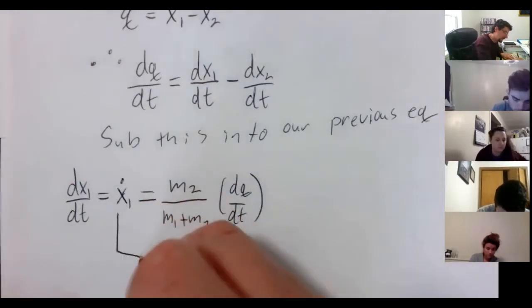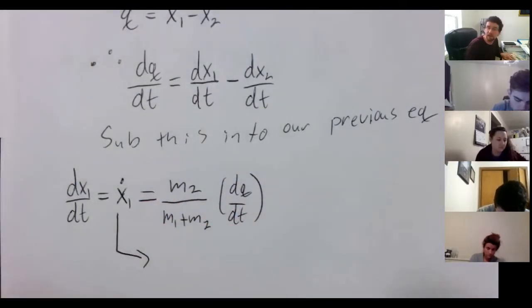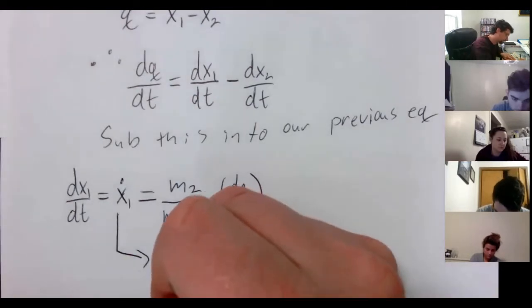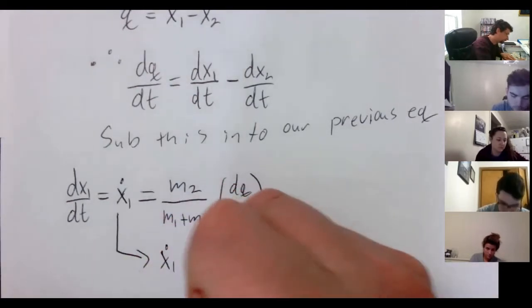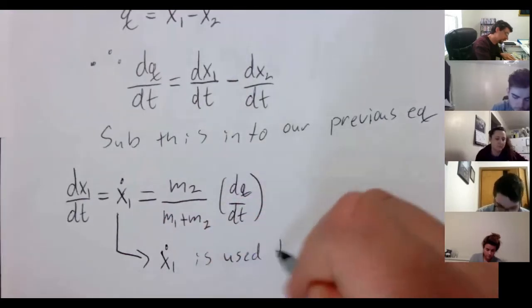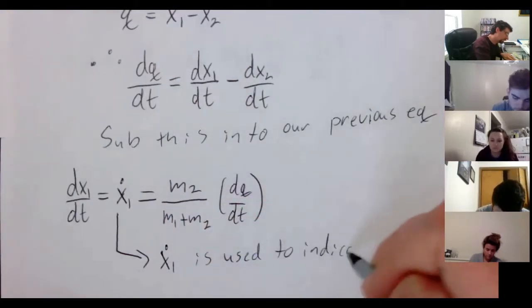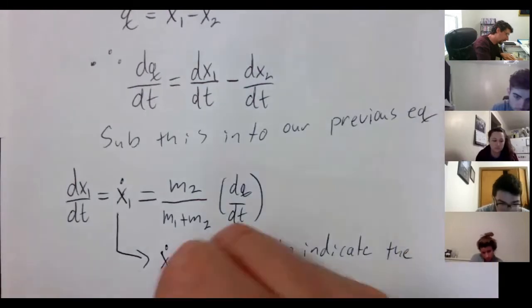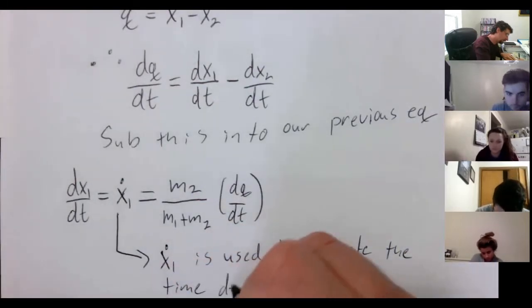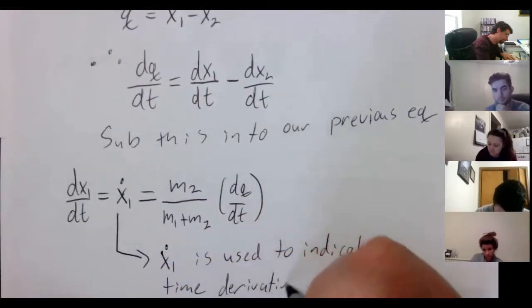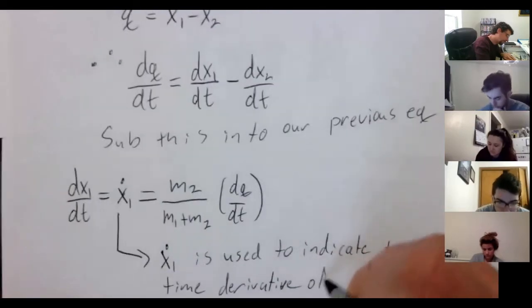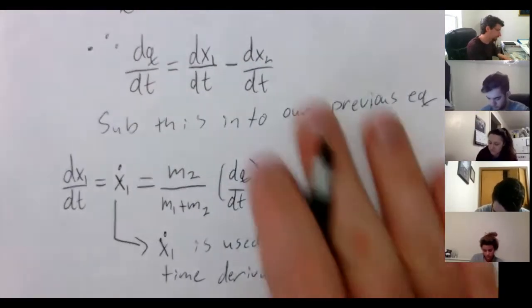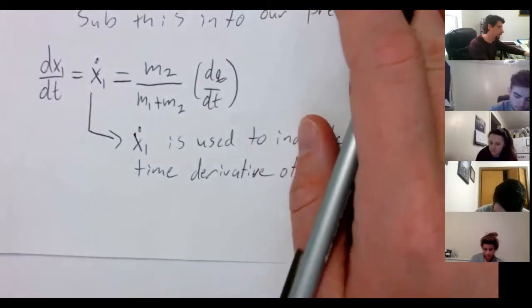Where again, this dot is used to indicate the time derivative of x.